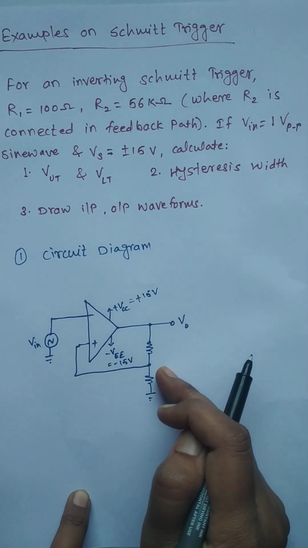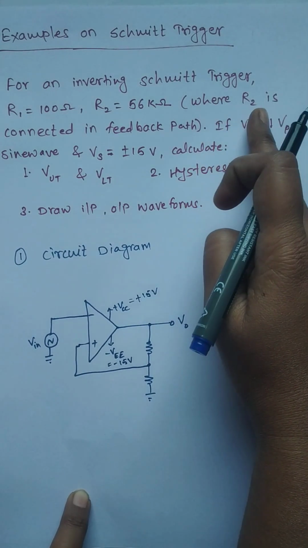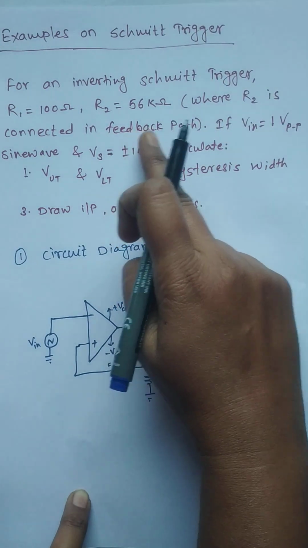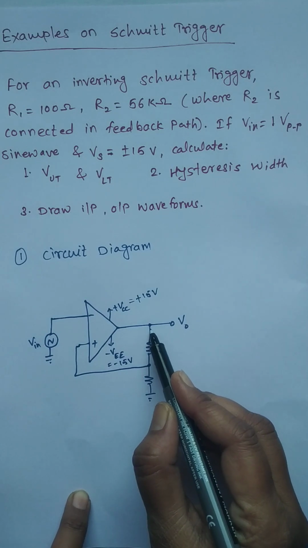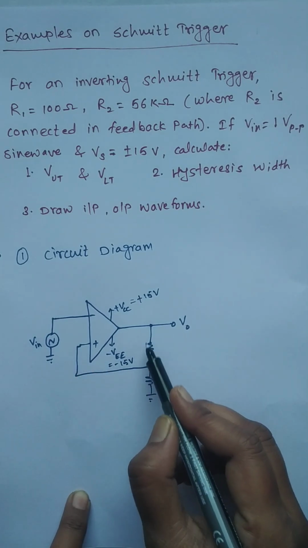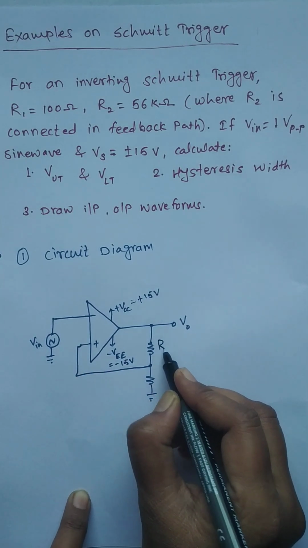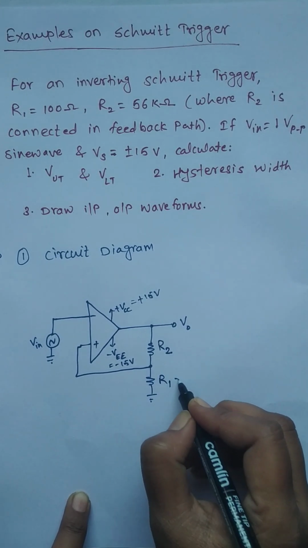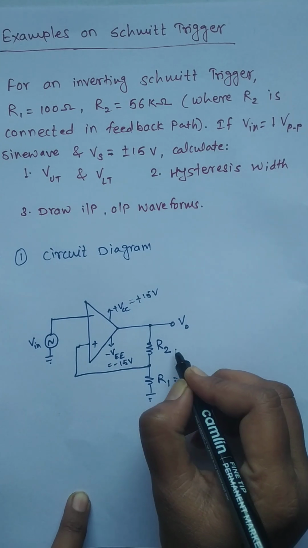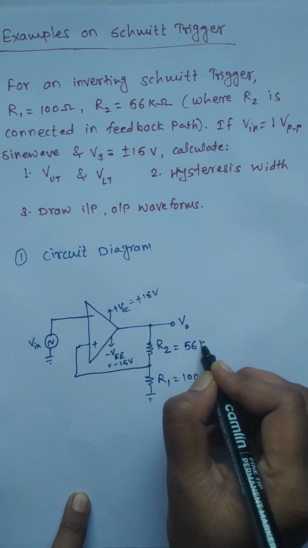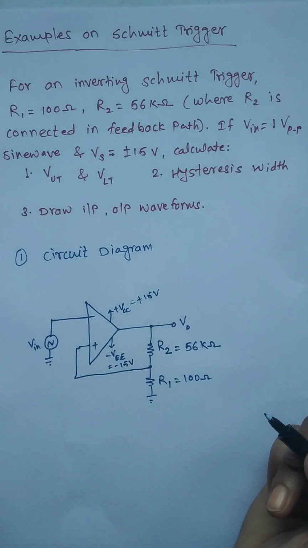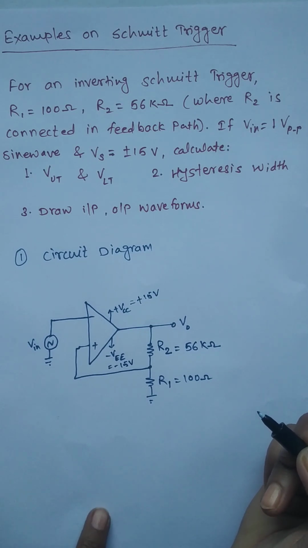Yes, we can take that, but as the special note is given here, we need to consider that R2 is connected in the feedback path. So this is the feedback path, which means this resistor will be R2, and the other resistor will be R1. The value of R1 is 100 ohm, R2 is 56 kilo ohm. You have to remember these things, otherwise your answer will be wrong if you interchange R1 and R2.